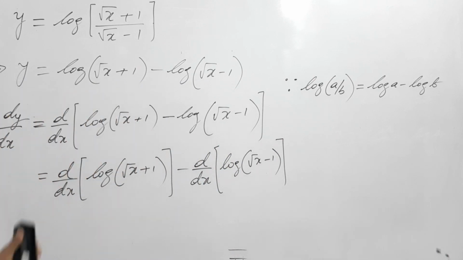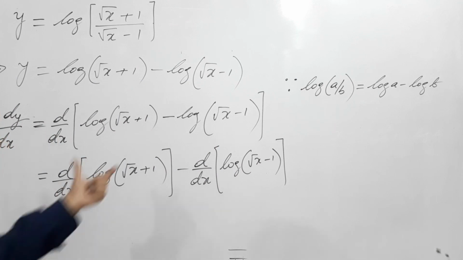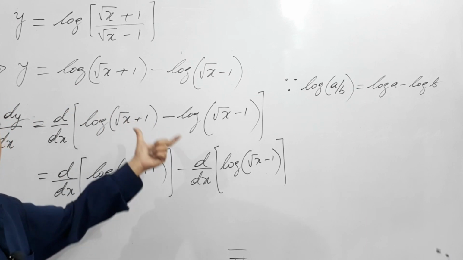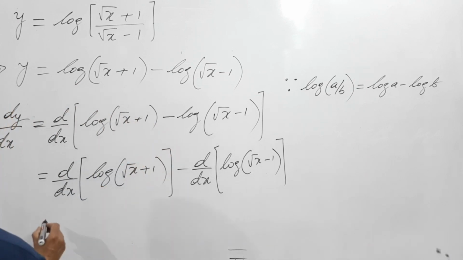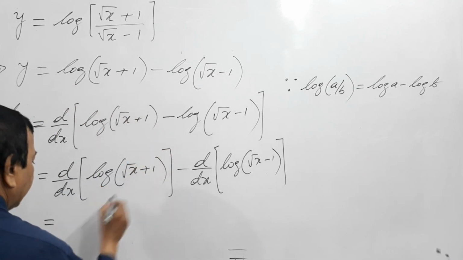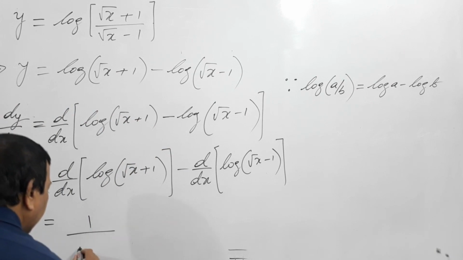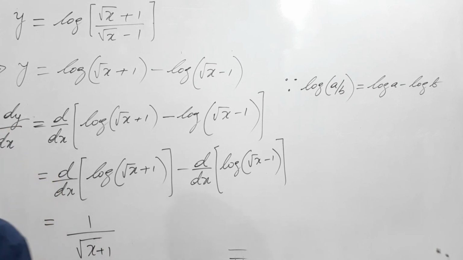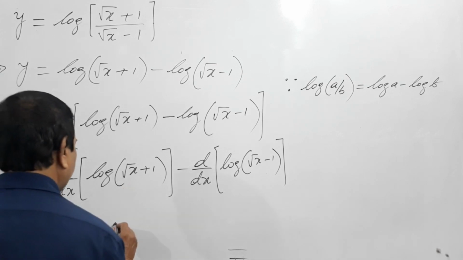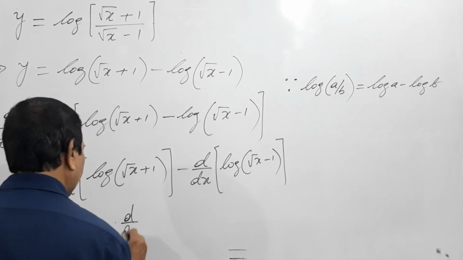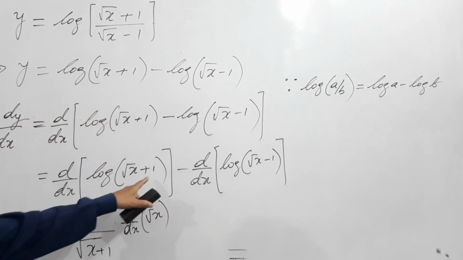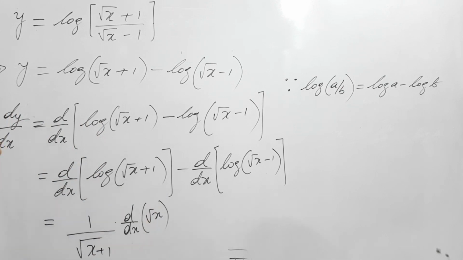So dear students, I hope now it is clear. Now let's differentiate this. This is nothing but the difference rule, what I have taught you earlier. So this becomes 1 by under the root x plus 1 into d by dx of root x, because d by dx of 1 is 0, so let's not bother about it.